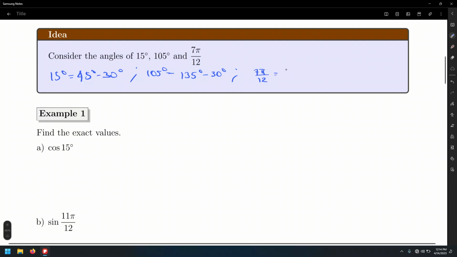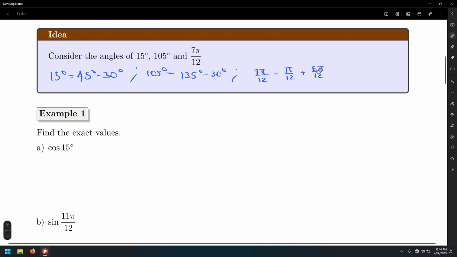One way is pi over 12 plus 6 pi over 12. The 6 pi over 12 reduces to pi over 2, which is a 90-degree angle. However, pi over 12 is not one of those elementary angles that we know, pi over 3, pi over 6, or pi over 4, or any of their multiples. So we need to find another way.